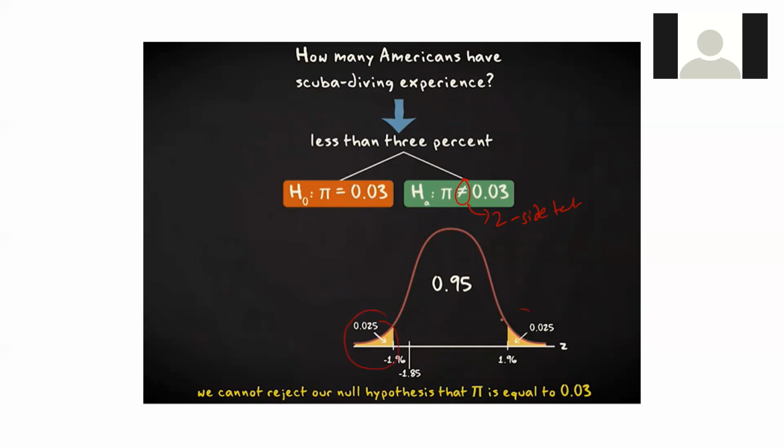One side is this, one side is this. Your probability is divided into 0.025 and 0.025. So 0.025 plus 0.025, the total will be 0.05, right? In a two-sided test, your probability will be 0.025 on both sides.